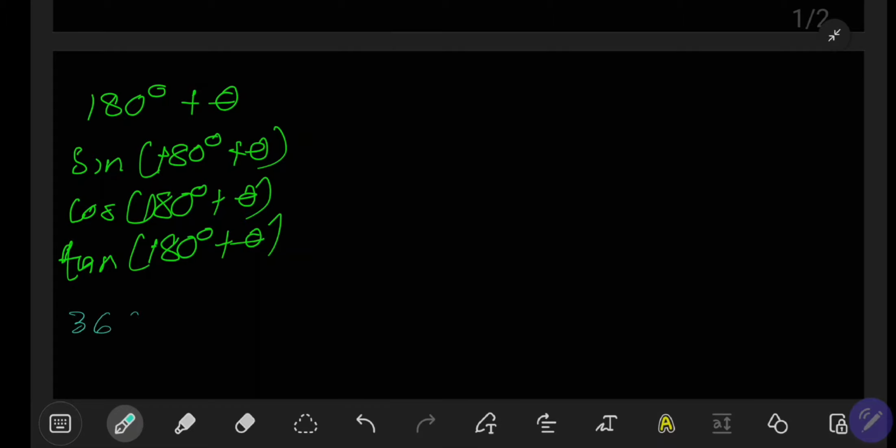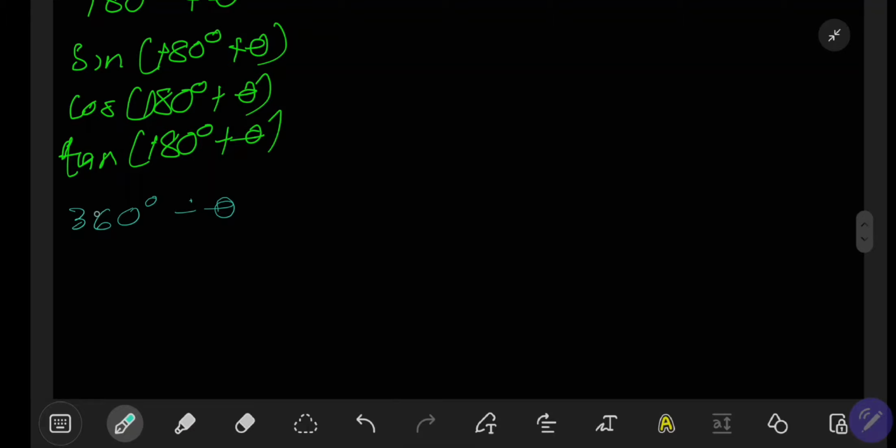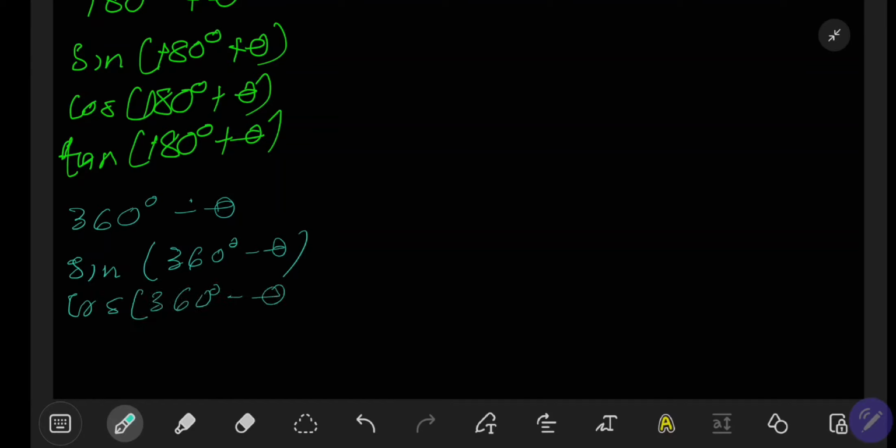It's 360 degrees minus theta, which is our reference angle. So now we're going to have sine of 360 degrees minus theta, the cos of 360 degrees minus theta, and then this is tan of 360 degrees minus theta, just like that.